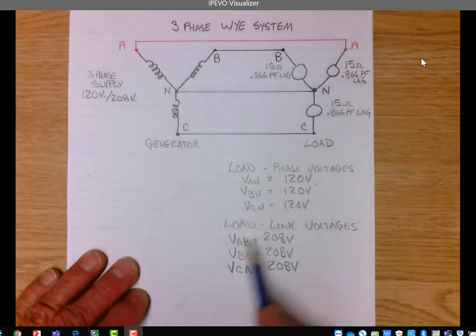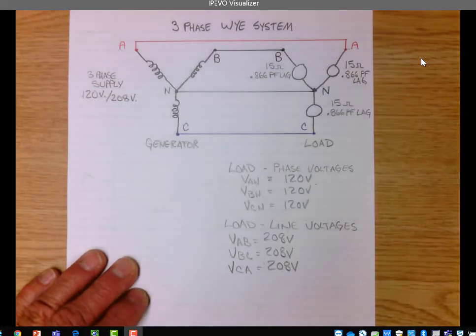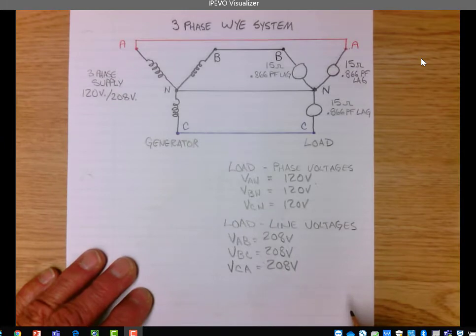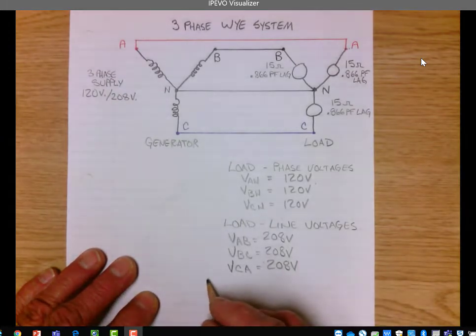And there are formulas that we use to find these line voltages. And they're probably not a bad idea to know what those formulas are.